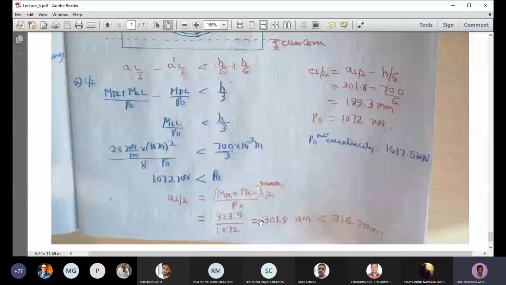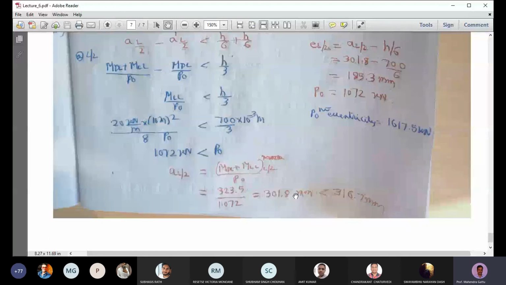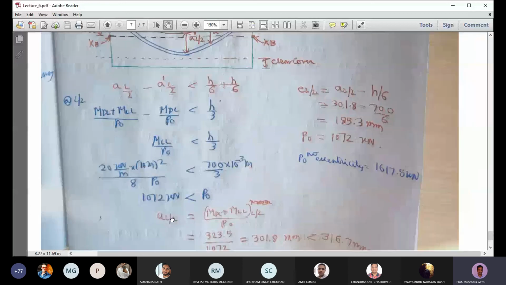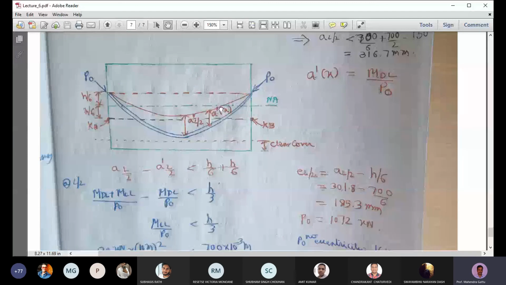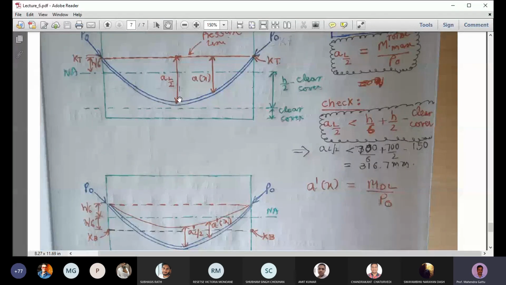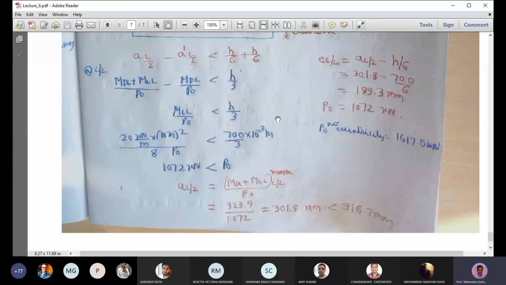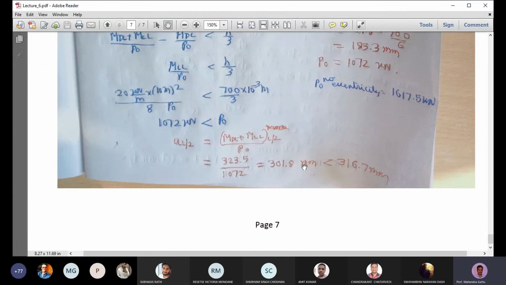So we're getting 0.3 meters, which is, multiplied by 1000, 301.8 millimeters. So we have found what aL/2 is and what P naught is. If we check, this value aL/2 should be less than 316.7, so that is okay. So 301.8 is less than 316.7, so the clear cover requirement is satisfied.